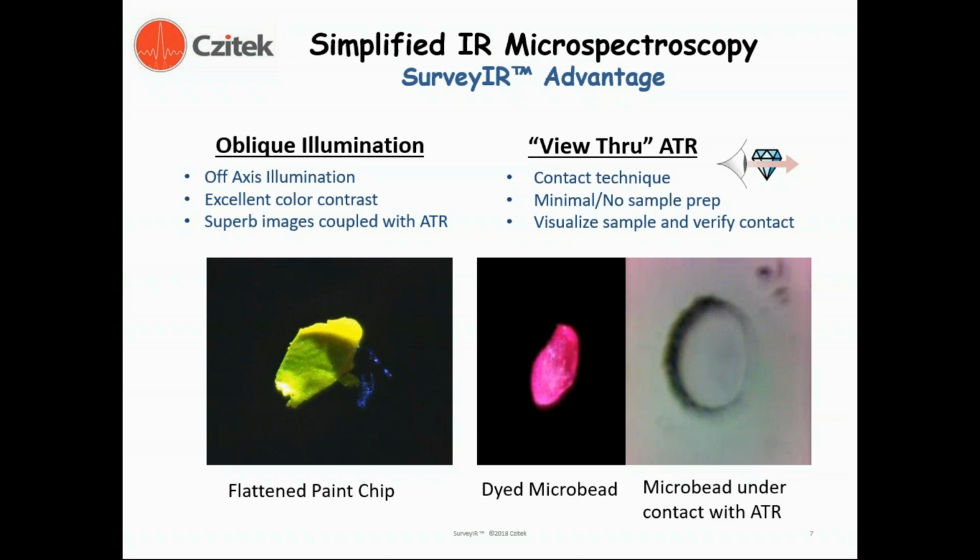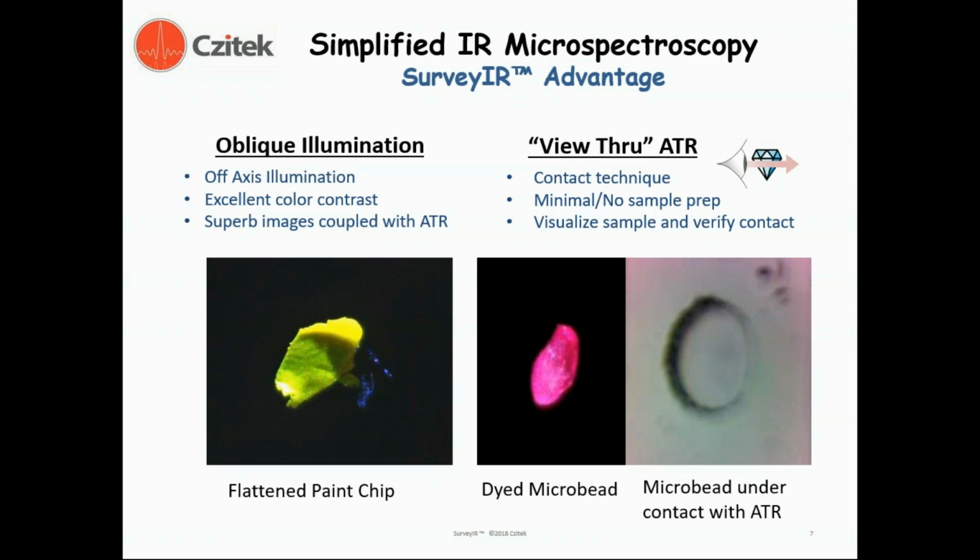It's useful with samples that scatter, like this paint chip that you see on the left-hand side, and you can see that these images appear against a dark field, and that there's excellent color contrast and very good images, even through our ATR crystal, which brings up the next subject.